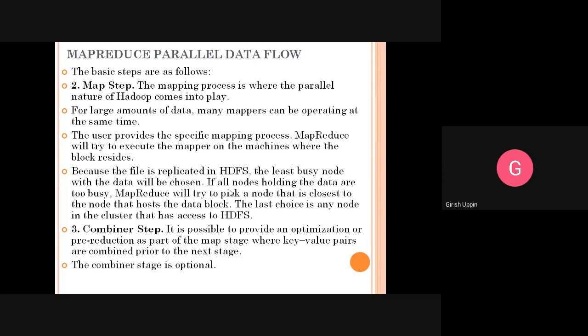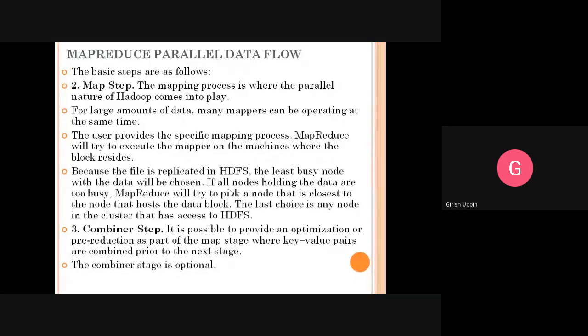Then after the map step, we have the combiner step. In the combiner step, it is possible to provide an optimization or pre-reduction as part of the map stage, where key value pairs are combined prior to the next stage. The combiner stage is optional. In case of a combiner stage, let us say before you give it to the reduce step, you want to do some kind of combining of the data based on some logical conclusions.